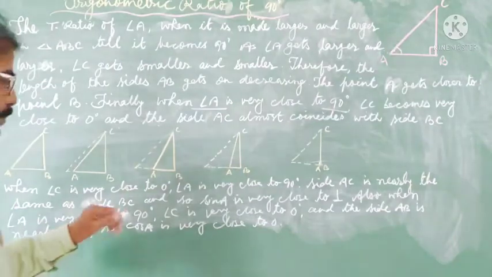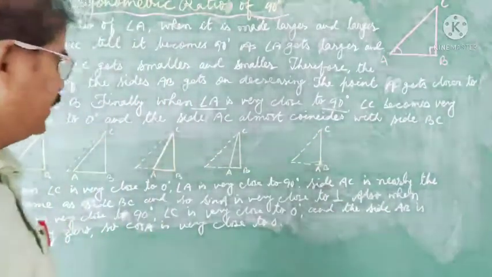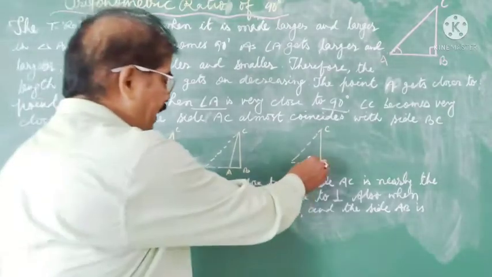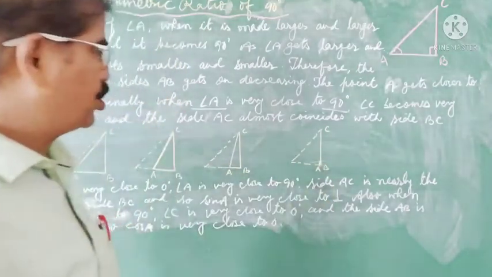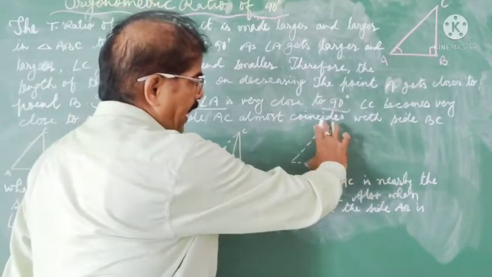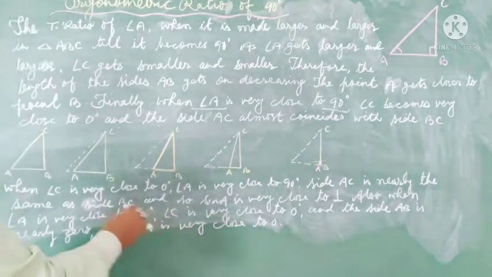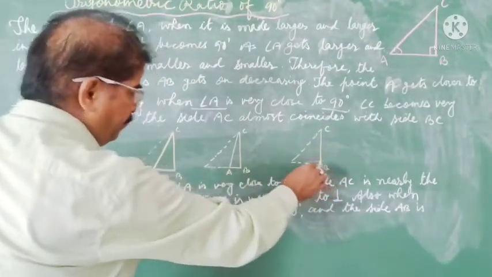So finally when C is very close to 0 degree and angle A is close to 90 degree, side AC is nearly the same as side BC.